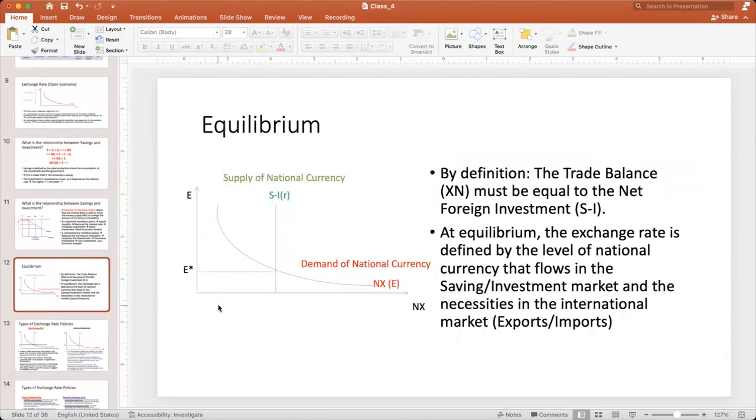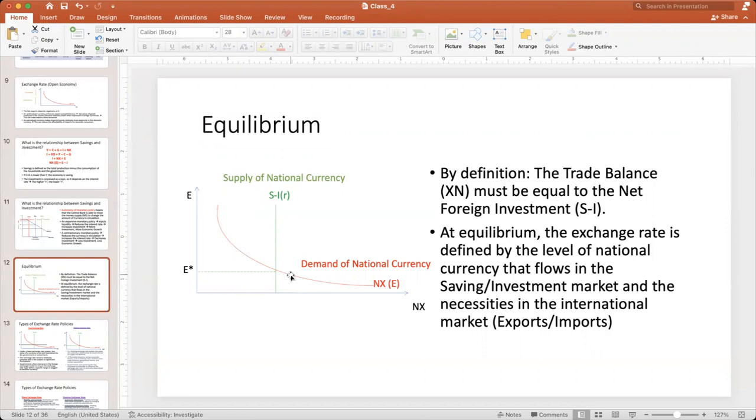If we mix the net exports with savings minus investment, we will get the exchange rate equilibrium. Why? Because the net exports could represent the demand for national currency.